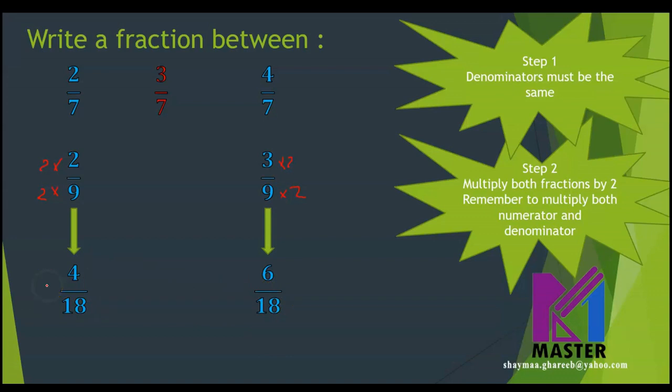Can you find any fractions in between? Yes, of course. There is what between 4 and 6? 5 over 18. So the fraction between 2 over 9 and 3 over 9 will be 5 over 18. So first step, again, we have to make sure that denominators are the same. Then we move to step 2, which is multiplying the fraction by 2 up and down.